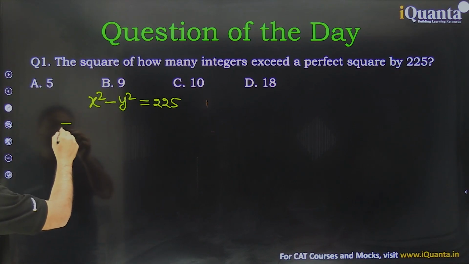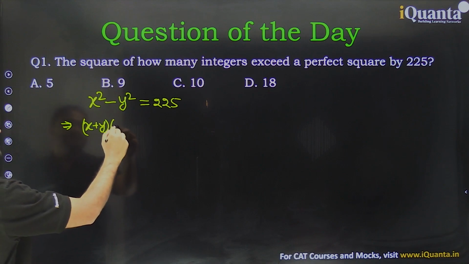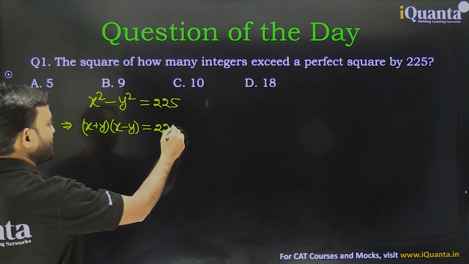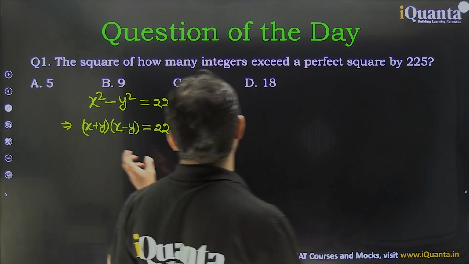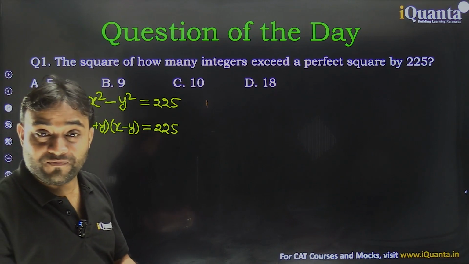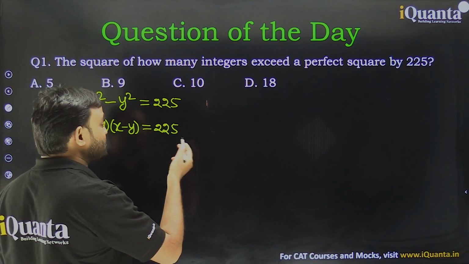So we can say this as (x plus y) into (x minus y) will be equal to 225. Now x plus y will be an integer, x minus y will be another integer. The product of two integers should be 225, right? Now how can we write 225 as a product of two integers?